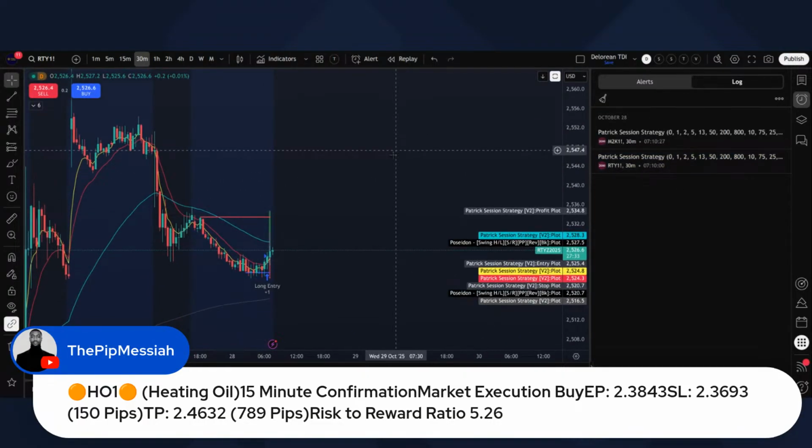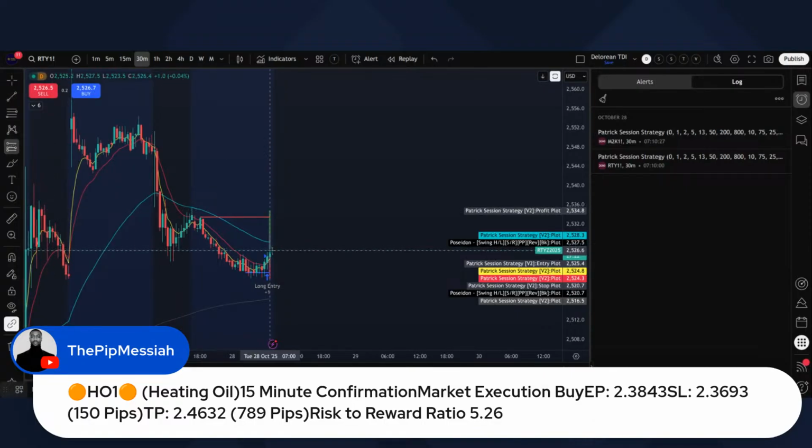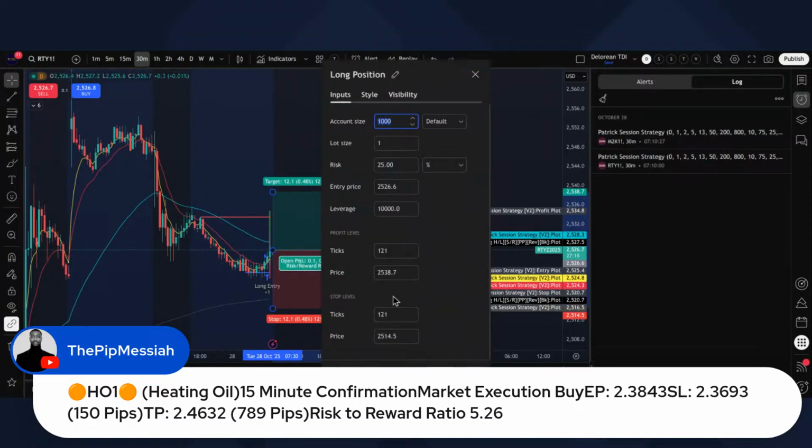All right, we got RT1 on the 30-minute. It is in our favor, so we will take it. So we're going to enter, targeting 2534.8.